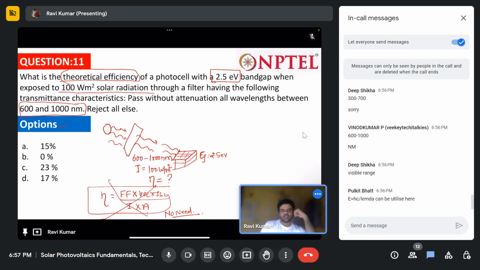Yes, Pulkit, E equals hc by lambda. So for this range of nanometer wavelength, calculate the energy range. Just convert nanometer into electron volt energy and let me know the answer.